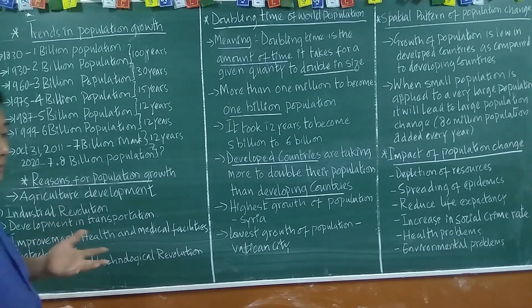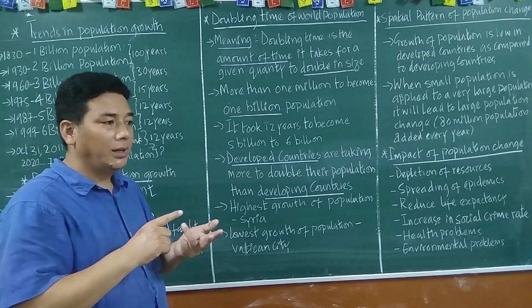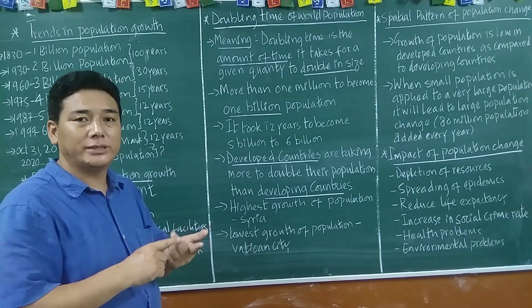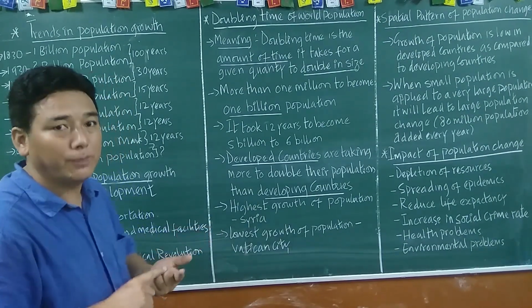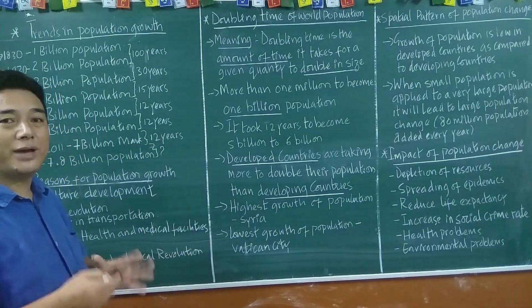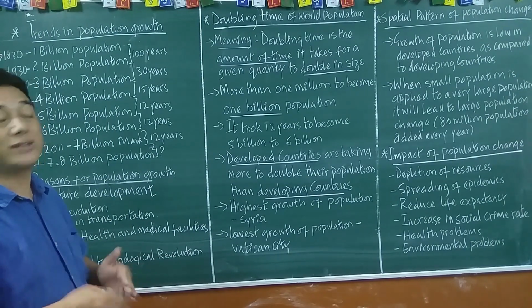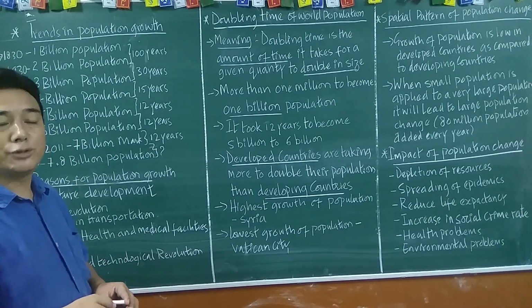Before, we have learned about the density of population, growth of population, and then the distribution of population. At the same time, the different factors which influence the distribution of population.